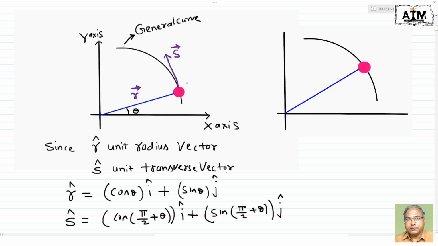As the position of point P changes, R cap and S cap also change, because R cap and S cap depend upon the angle theta. As theta changes, R cap as well as S cap also change.